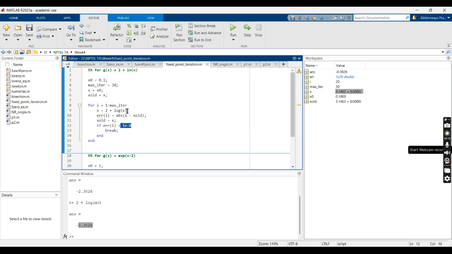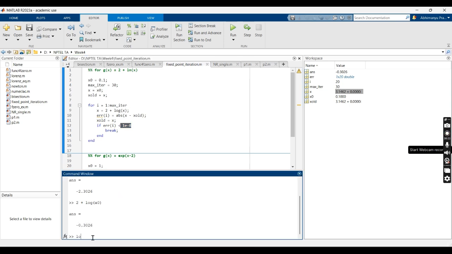But when I go to my second iteration, now my x value is negative. So if I evaluate this function again, this is my current x value, right? I evaluate this again, so I am starting to get a complex number, because log of a negative is basically not defined, right?